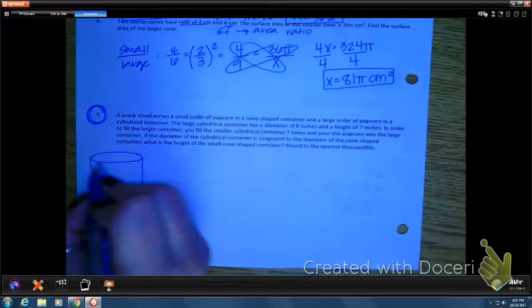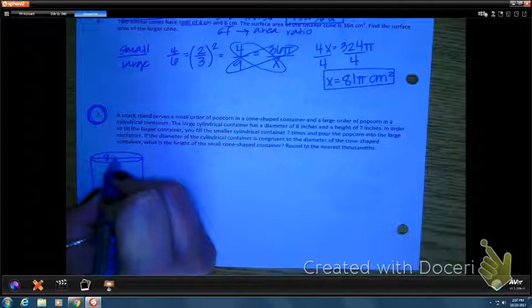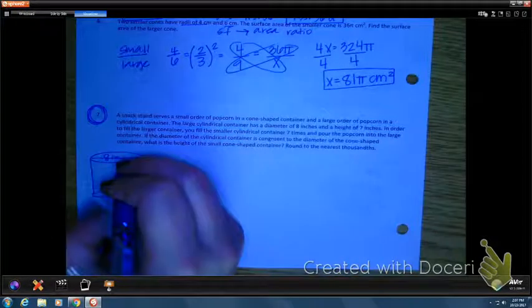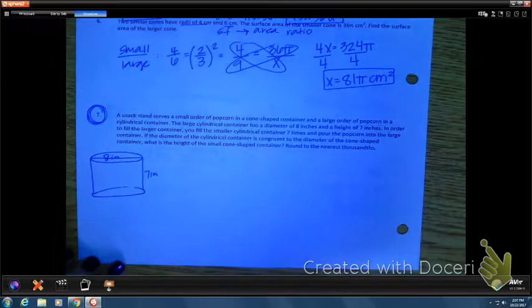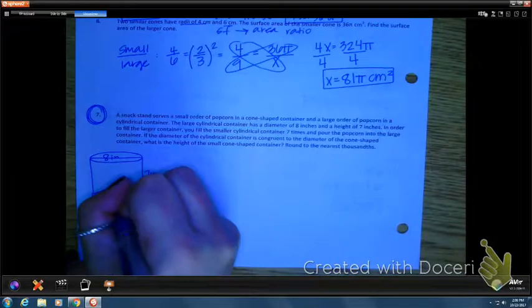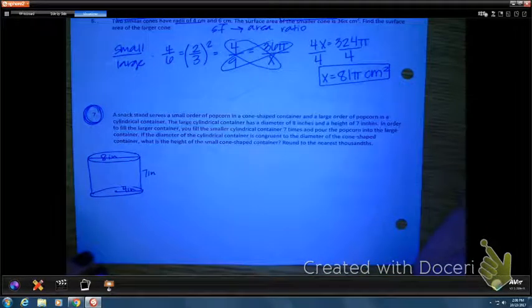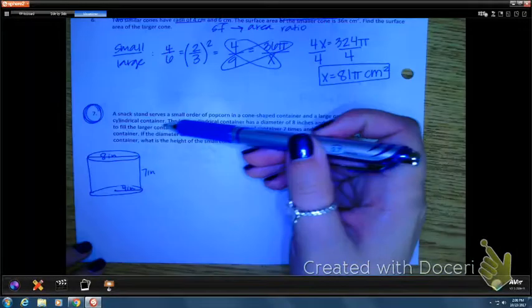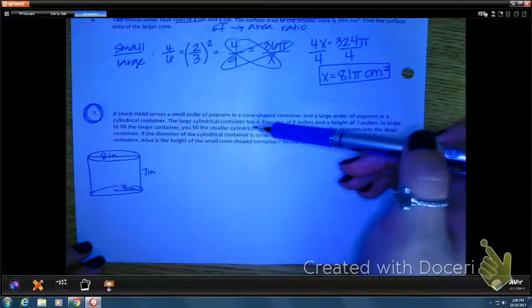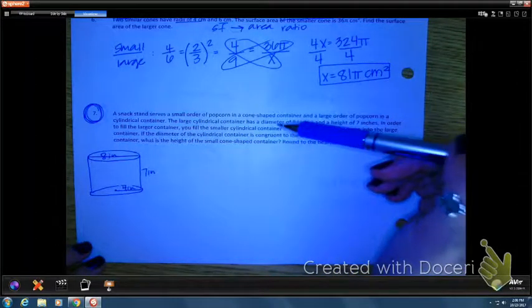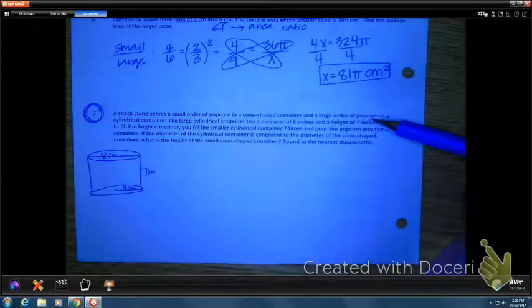We have a diameter of 8 inches and a height of 7 inches, which means my radius is 4 inches. In order to fill the larger container, you fill the smaller cylindrical container 7 times and pour the popcorn into the large container.